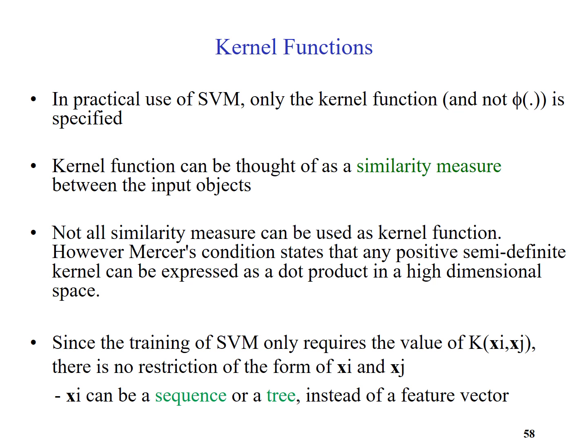For that function to be a kernel function, it should satisfy what is called Mercer's condition. We're going to talk about this on the next slide. So there are two things. If you want to come up with a new kernel function of your own, then it should be a similarity measure between two data points, and secondly, that function should satisfy Mercer's condition. Then you can use that function as the kernel function.